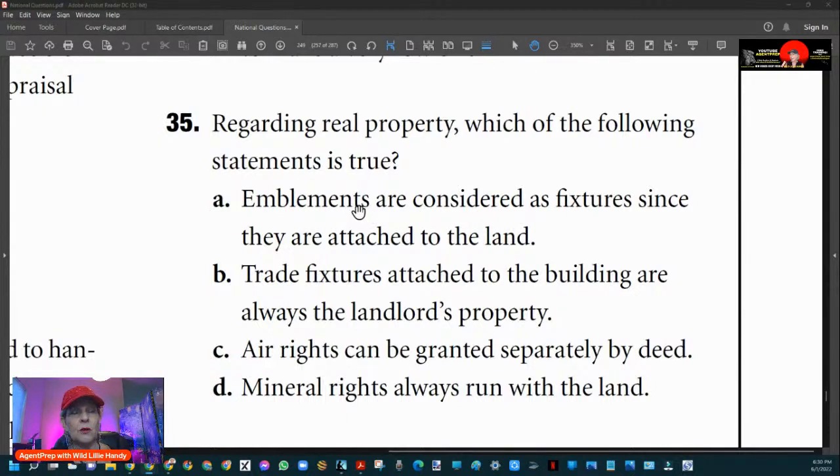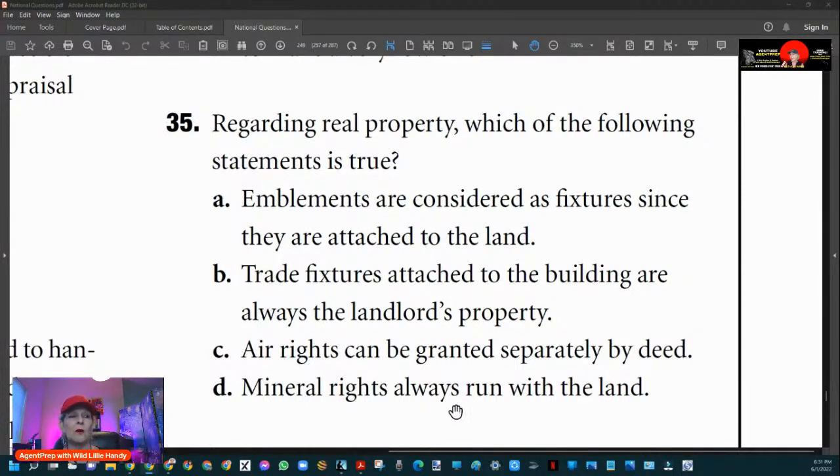So emblements, okay, these are crops. They are not fixtures and they're not attached to the land. They're basically on the surface. They're crops that are harvested every year. Those belong to the farmer. Trade fixtures belong to the professional, a doctor, a dentist, a salon. They have their own equipment that they bring into that rental. Air rights, they're up in this space. They're not on the surface of the land.